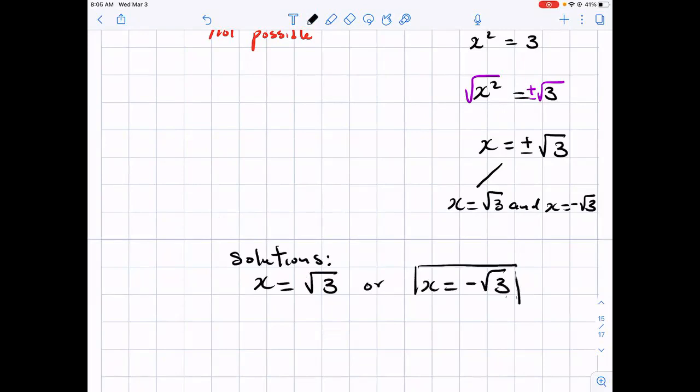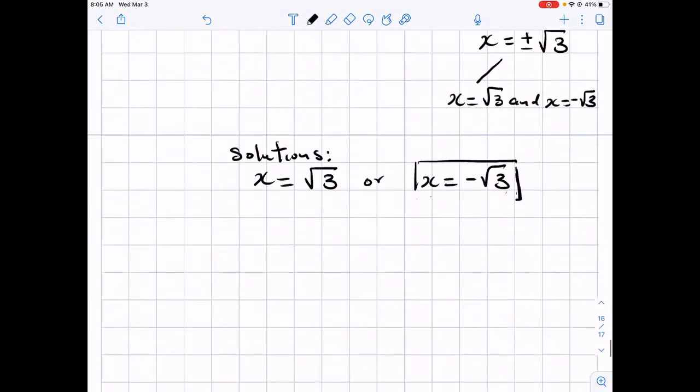Those are my two solutions. These are the possible solutions that will make this true. Two solutions.